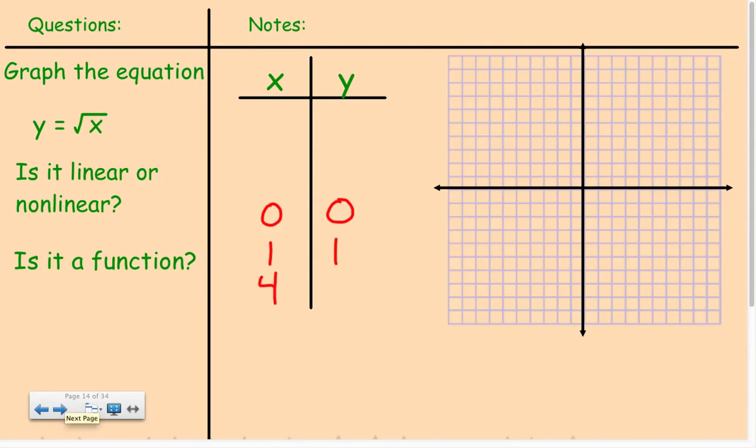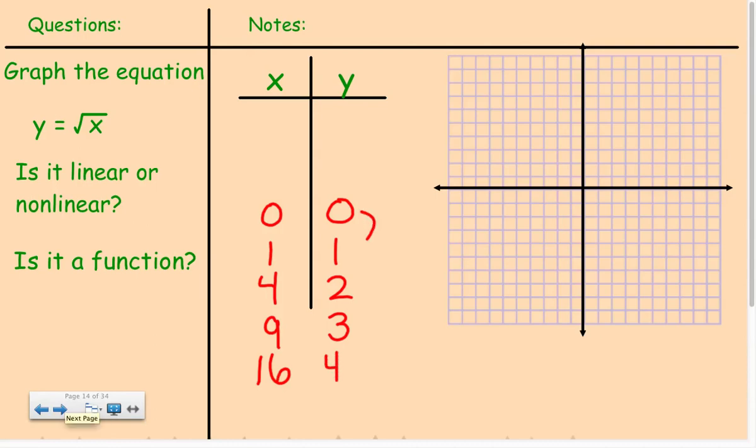Square root of 4, that's nice, it's 2. Square root of 5, no. Square root of 6, 7, 8, 9 is a nice square root, it's 3. 10, 11, 12, 13, 14, 15, 16 works, that's 4.